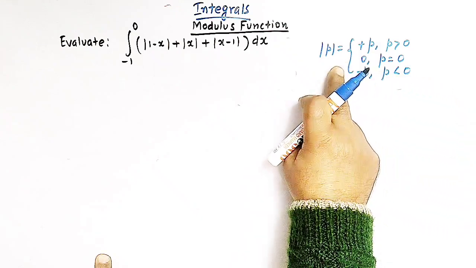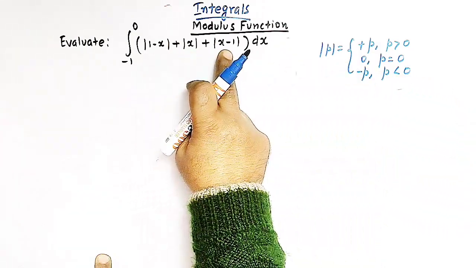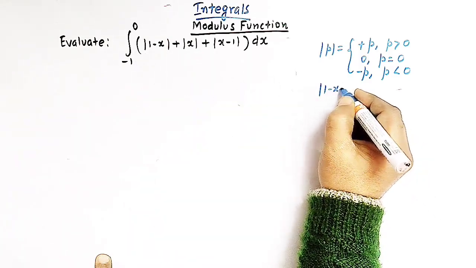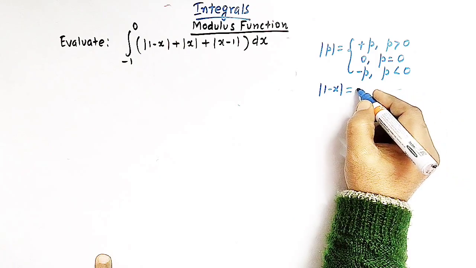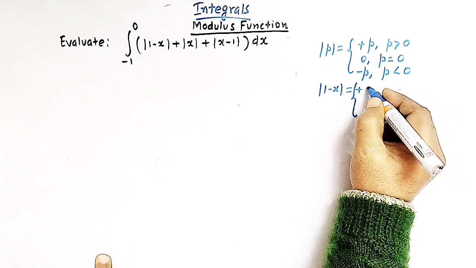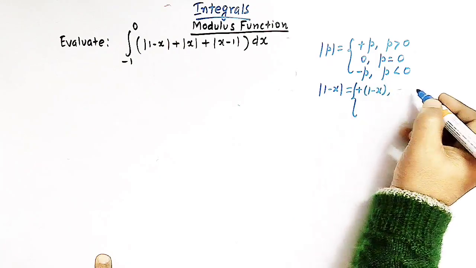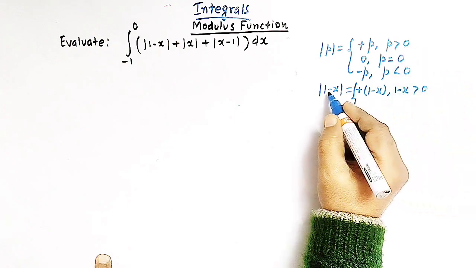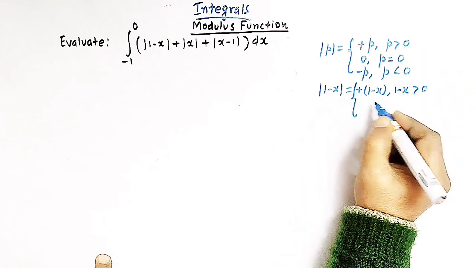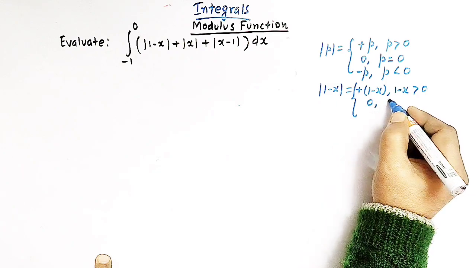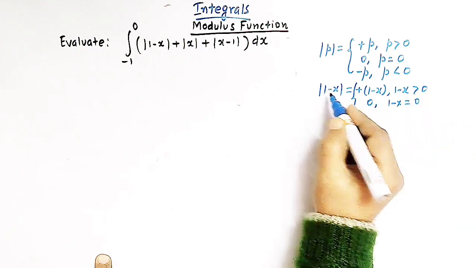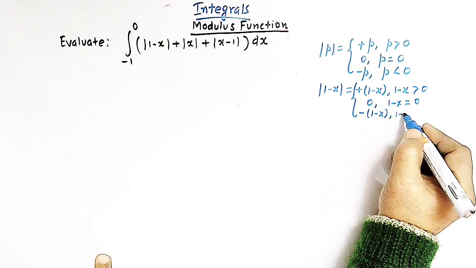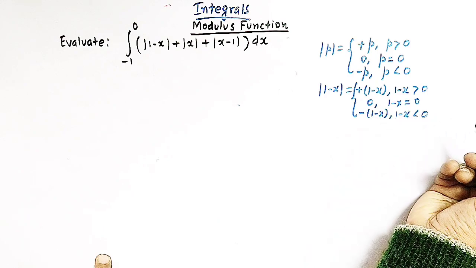So let us apply this definition to these three functions. So here we have first mod of 1 minus x. So mod of 1 minus x is positive 1 minus x whenever 1 minus x is greater than 0, and mod of 1 minus x is 0 whenever 1 minus x is equal to 0, and this is negative of 1 minus x whenever 1 minus x is less than 0, right?